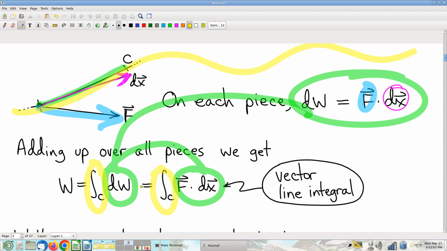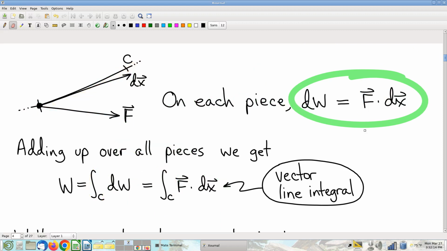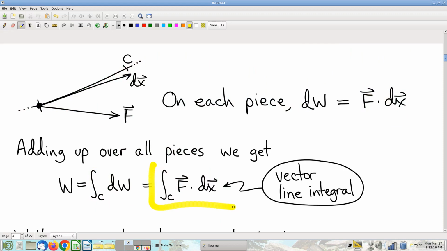What we have to recognize, though, is that there are some key differences. For one thing, notice we did not end up with a scalar line integral. It's importantly different. Our differential is no longer a scalar; now our differential is a vector. And our integrand is also no longer a scalar.